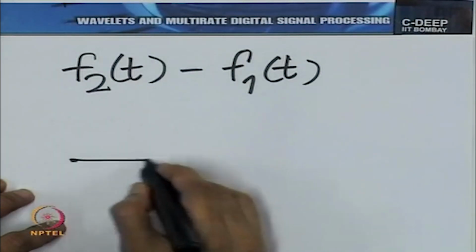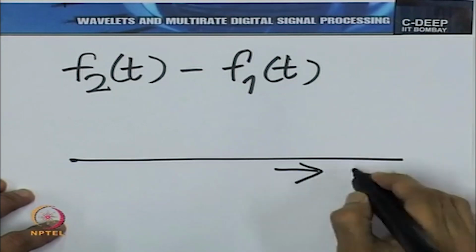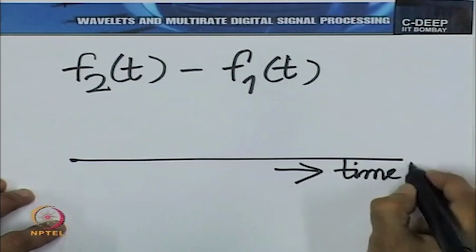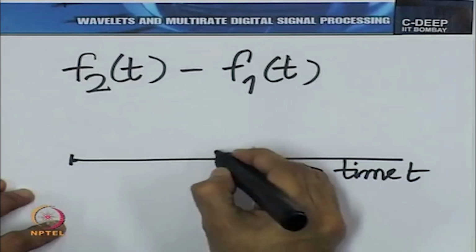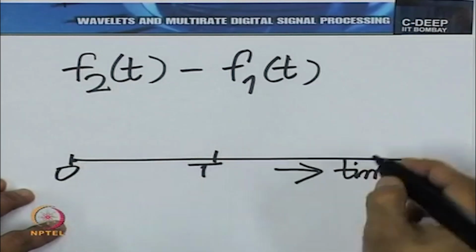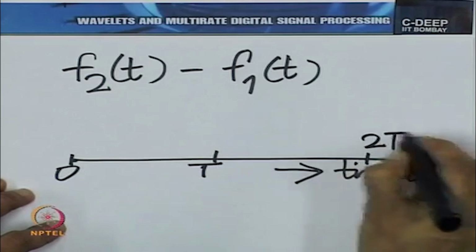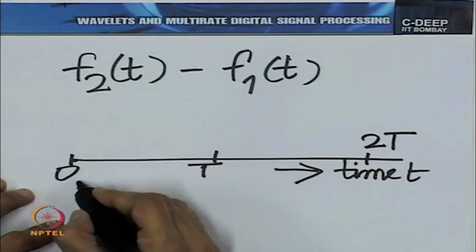So, I have the time axis here. If I mark the intervals of size T there, something like this.